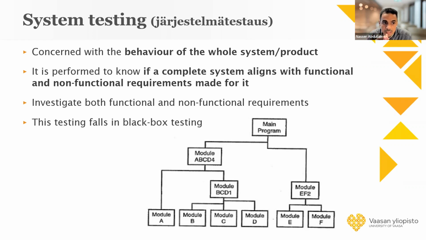In system testing, we should have a complete system, and then we should test all the software, all the applications. The main point in system testing is to evaluate the complete and fully integrated system.